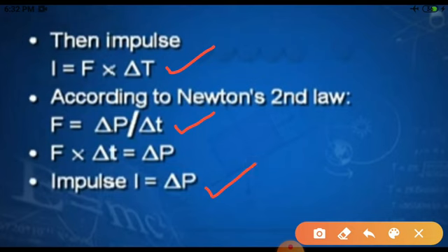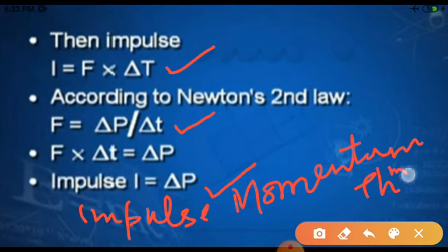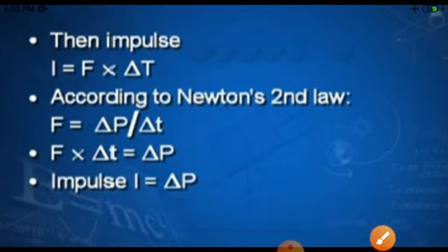This is known as impulse momentum theorem. What is impulse momentum theorem? When force is applied on the object for a short duration of time, then it is equal to the change of momentum. This is known as impulse momentum theorem.